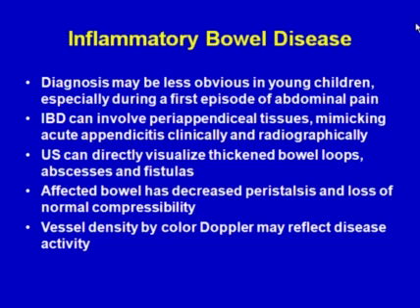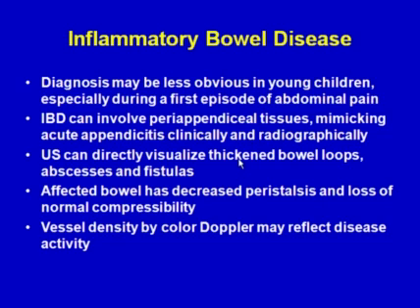Ultrasound can be helpful in directly visualizing thickened bowel loops, abscesses, and fistulas, although generally speaking, CT is probably better, although Stephanie Wilson has certainly been a strong advocate for the use of ultrasound, and perhaps we will be doing more ultrasound, especially in children, where we are trying to limit radiation exposure.